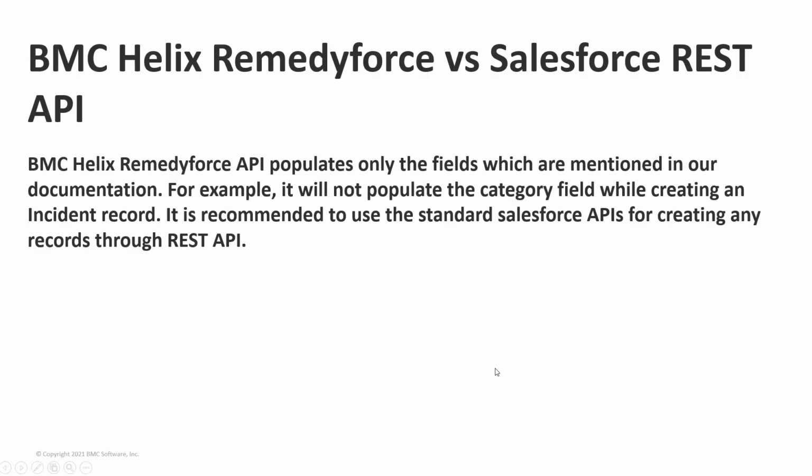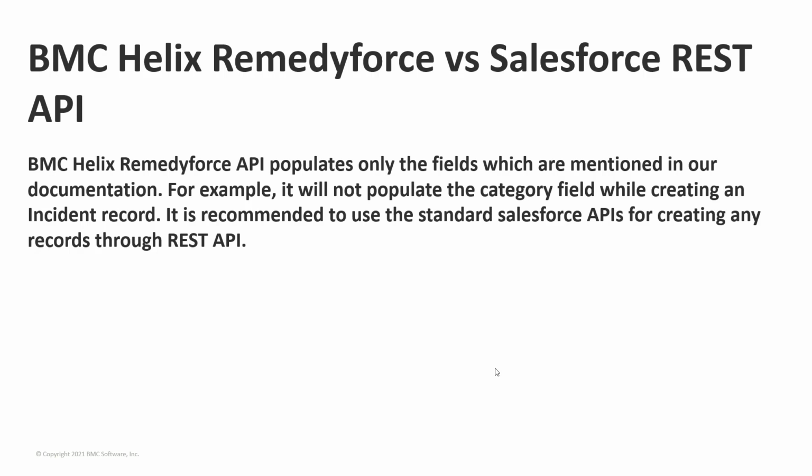So before the examples, let's quickly check the differences between BMC Helix Remedyforce REST API versus Salesforce REST API. BMC Remedyforce REST API populates only the fields which are mentioned in our documentation. For example, it will not populate the category field while creating an incident record.